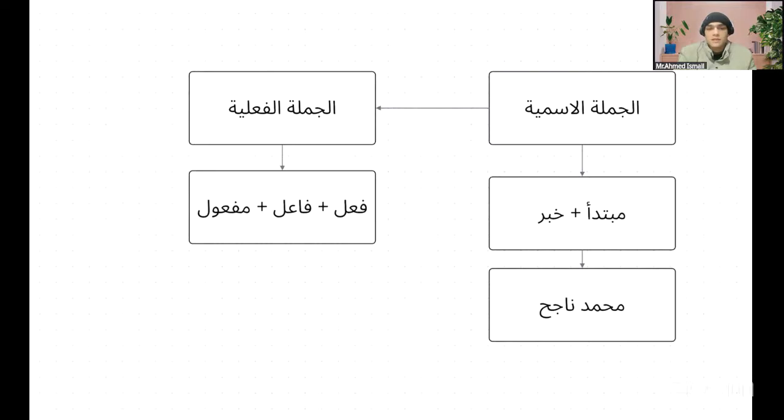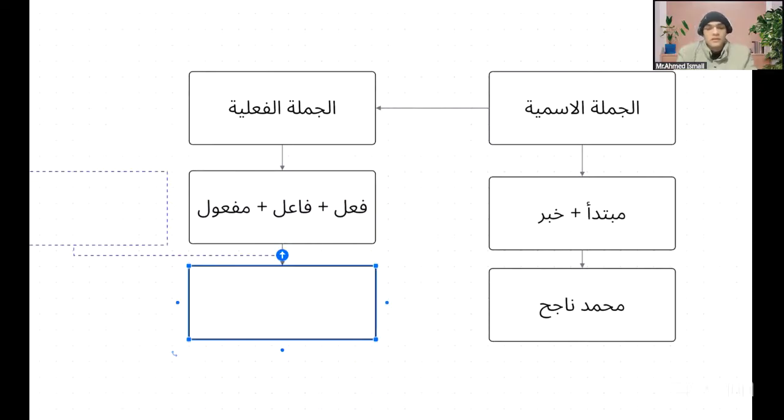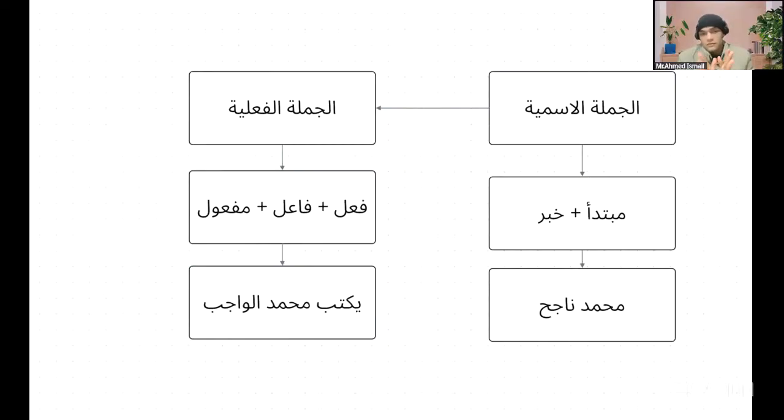And in جملة فعلية, sorry, we have three positions. They are فعل, فاعل, and مفعول. It's like English, because we have that also in English. The فعل is the verb. For example, when I say يكتب محمد الواجب, the homework. In this case, يكتب is a فعل, verb.